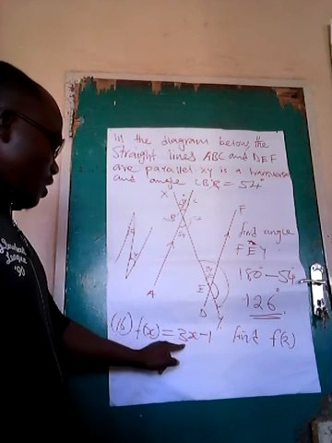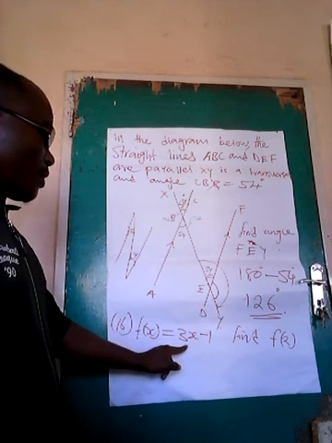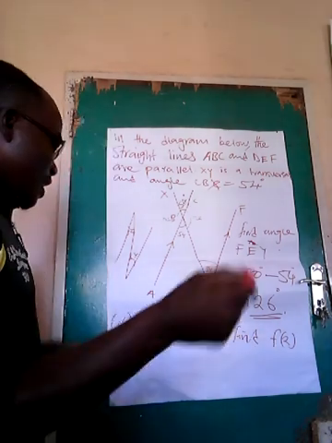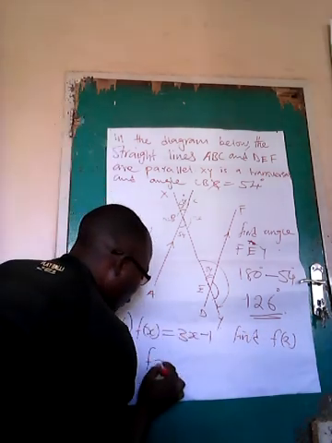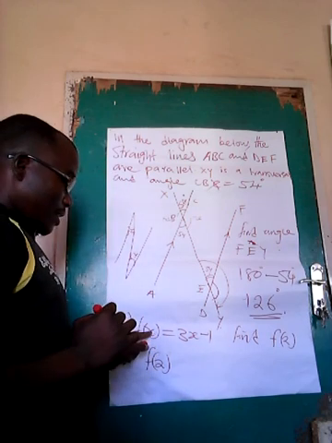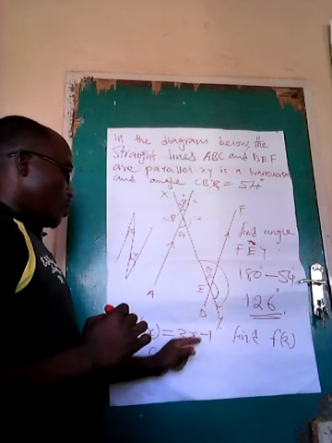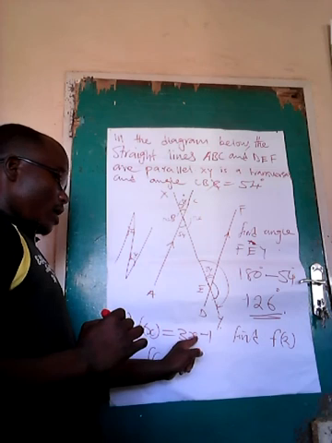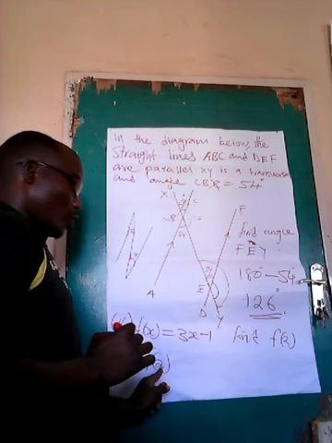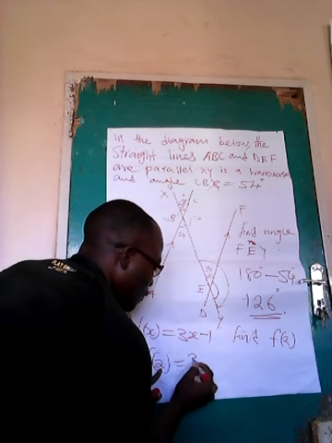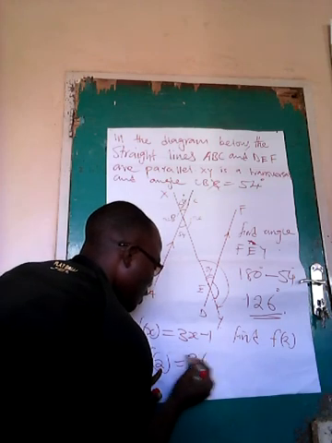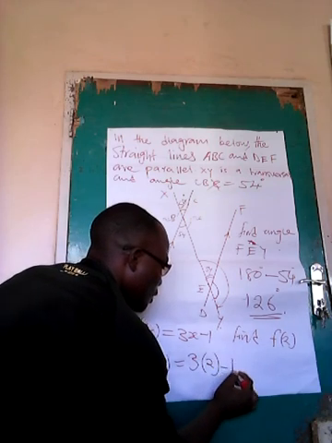Now, if this is the function, then they want us to calculate the function of 2, which means they are saying f of 2, where there is x in this function, substitute it for what? For 2. Remove x and then put 2. So you're going to have 3 multiplied by where there is x, you put 2, then minus 1.